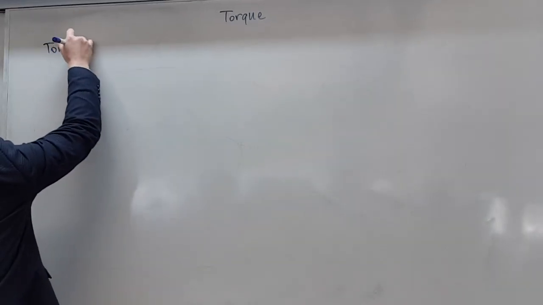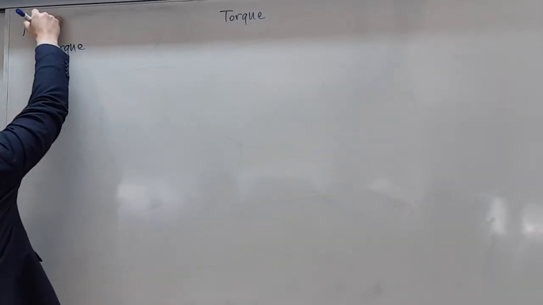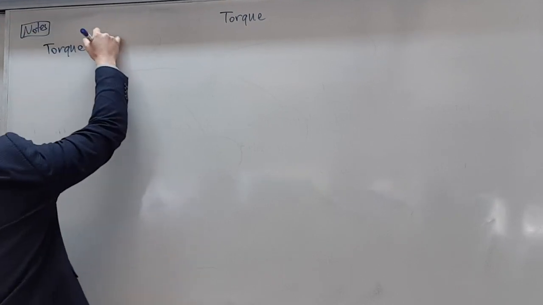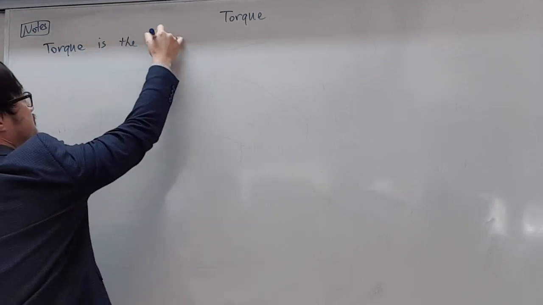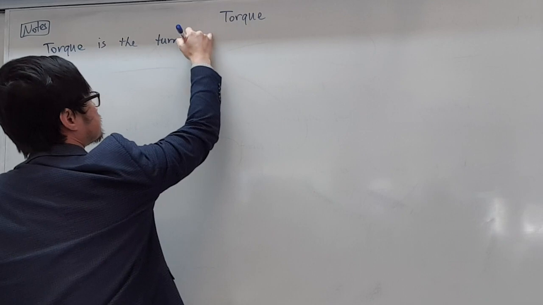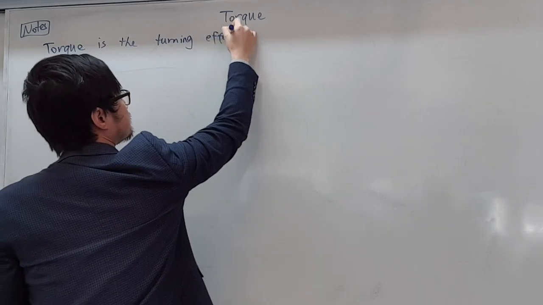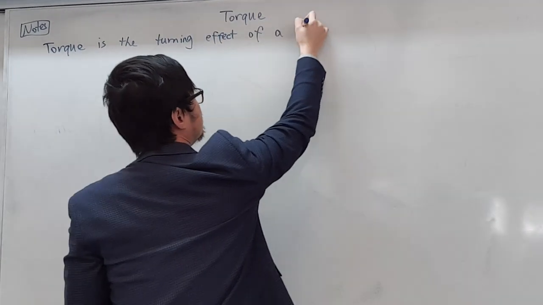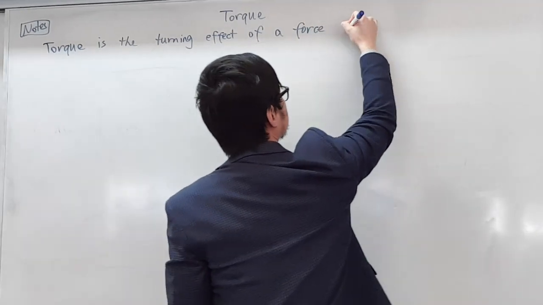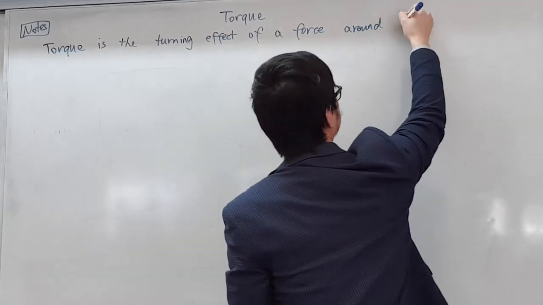First, we define torque as the turning effect of a force around a pivot point.